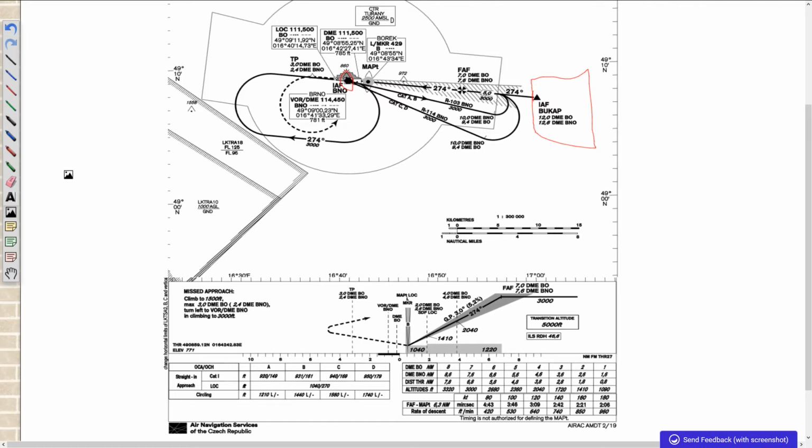I think this is the case here because you have the initial approach fix, which starts the initial approach segment, and then you see something like that red drawing after the initial approach fix.